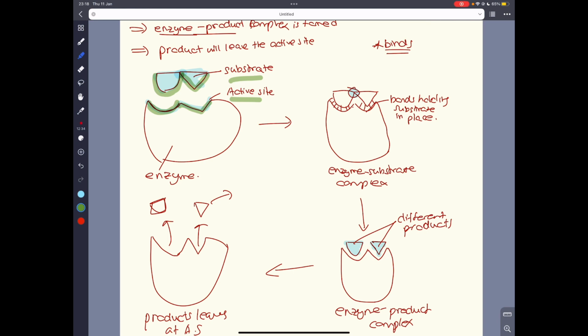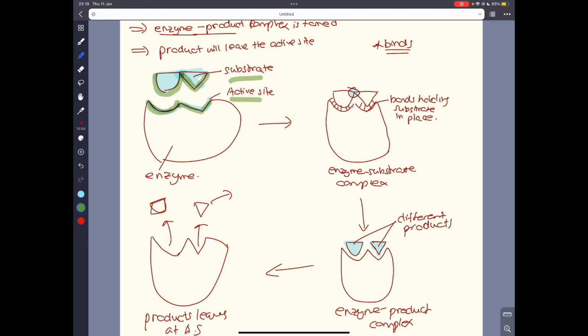Now, this leads to a very important concept called enzyme specificity. Enzyme specificity is basically that not all enzymes will bind to different types of substrate. One substrate will bind to one type of enzyme, but many different types of substrate cannot bind to essentially any enzyme.